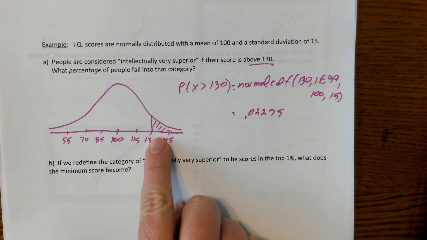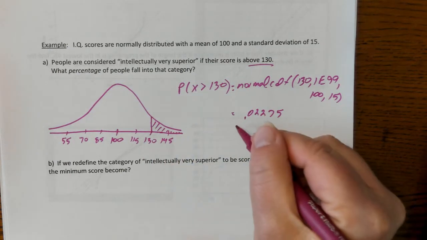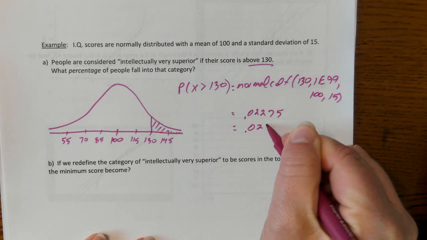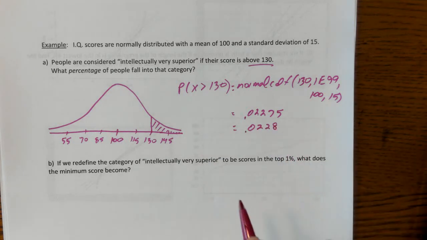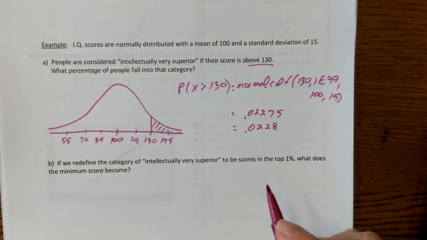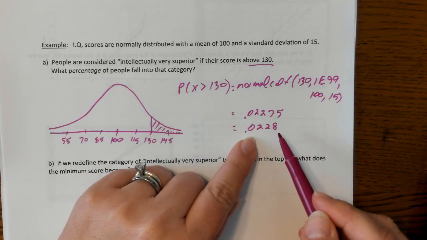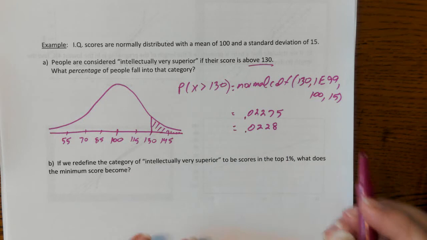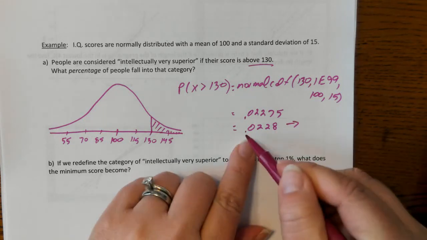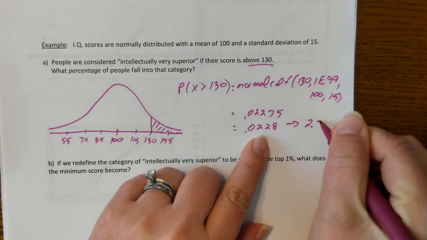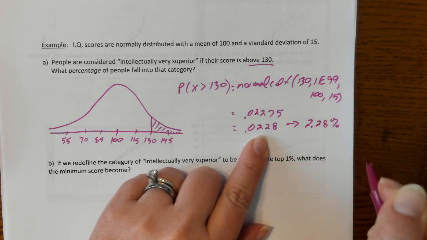Now, remember, we know the cutoffs, we're looking for area. Normally, we would round area to 4 decimals, so 0.0228. But keep in mind, they wanted the percentage. So even though this is the decimal, we're going to give our answer as a percent. Remember, move the decimal twice, it would be 2.28%.